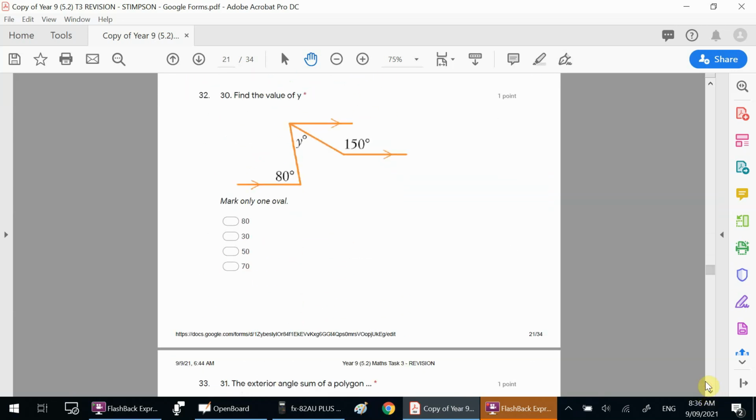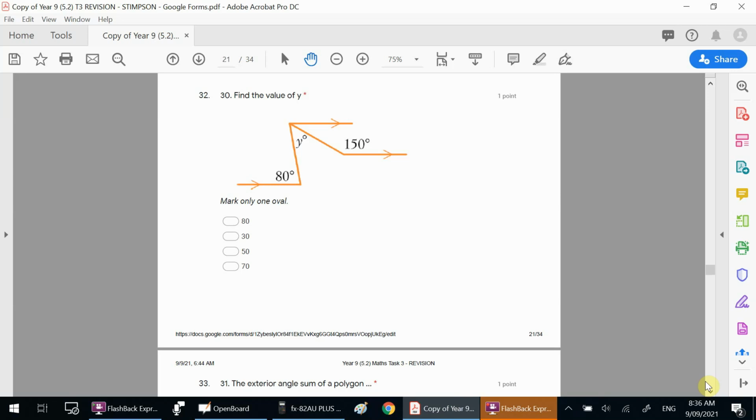Value of y. Okay, one of those ones where you've got to piece together a couple of bits of info. We've got parallel lines all over the place. That's a transversal. And so there's co-interiors happening here.